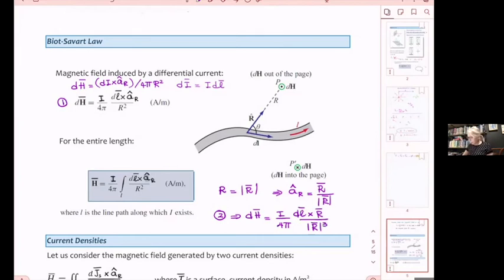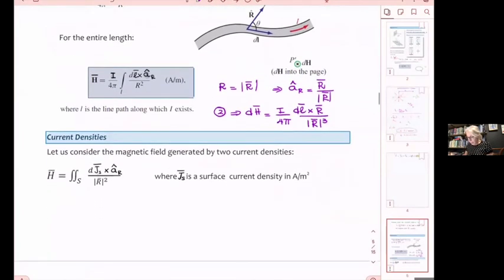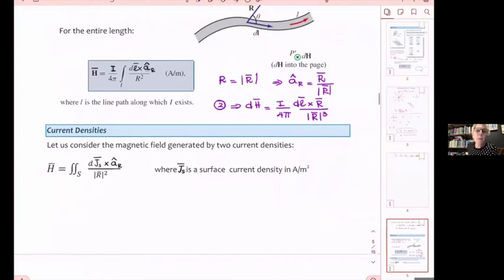Because of that relationship. And you may see it as 1 or you may see it as 2. Okay, any questions so far before I continue?